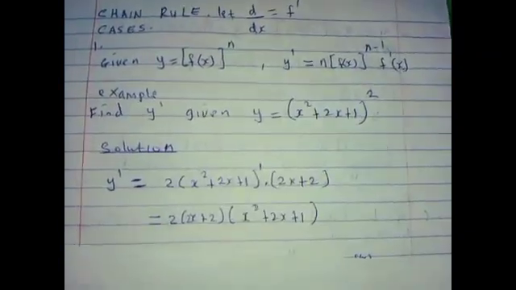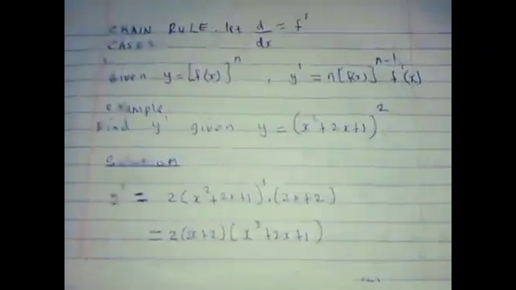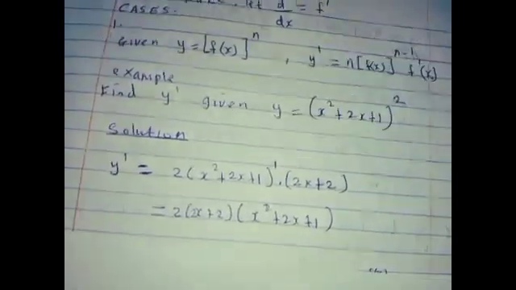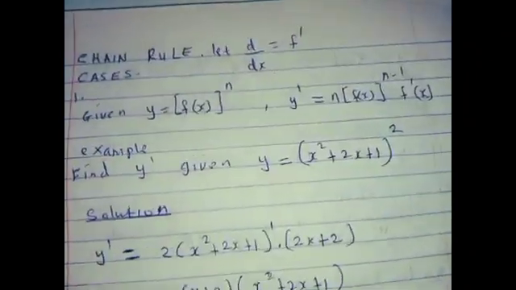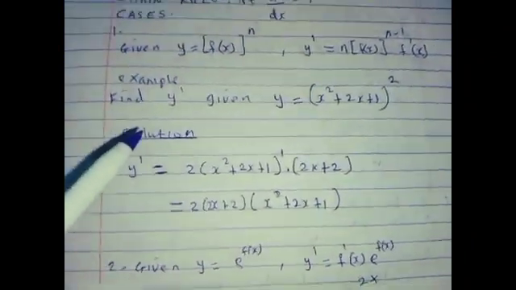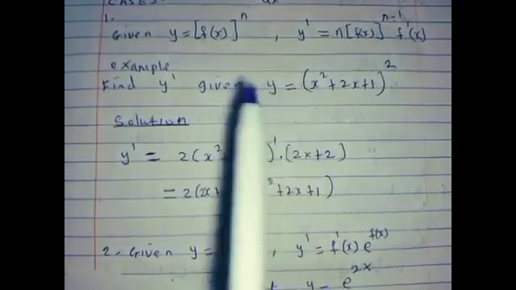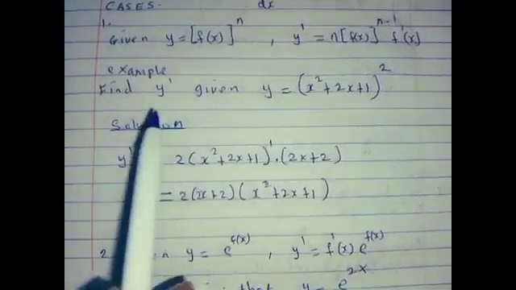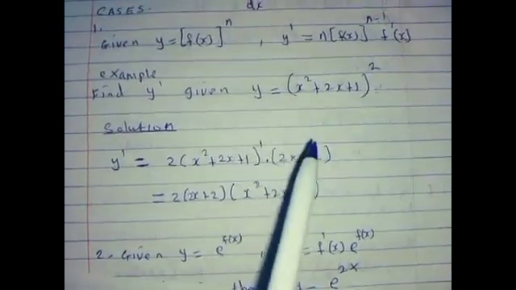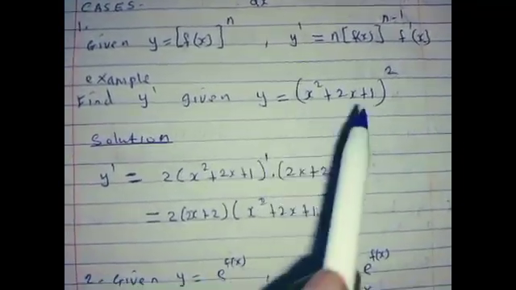To bring this concept home, I want to give you a simple example which will make this concept clear to you. Example: find the derivative of this function using the power rule and the chain rule.